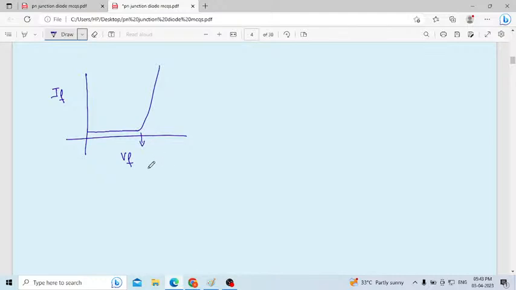This point we will consider as a knee voltage, or one more important word, threshold voltage. Okay, this one we will consider as a knee voltage, threshold voltage. Why will you observe a sudden increase in the voltage?